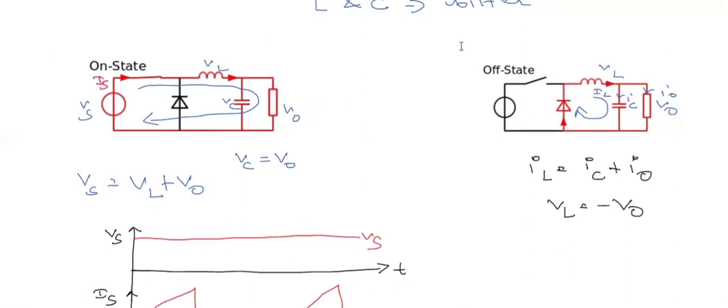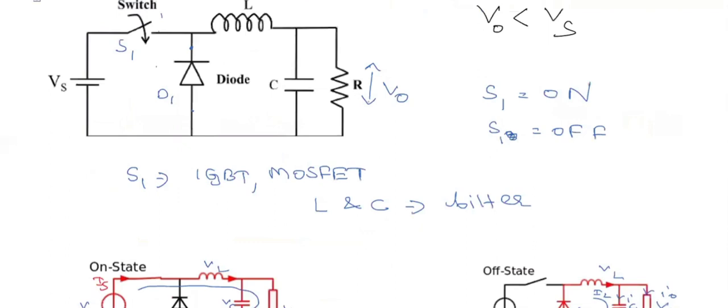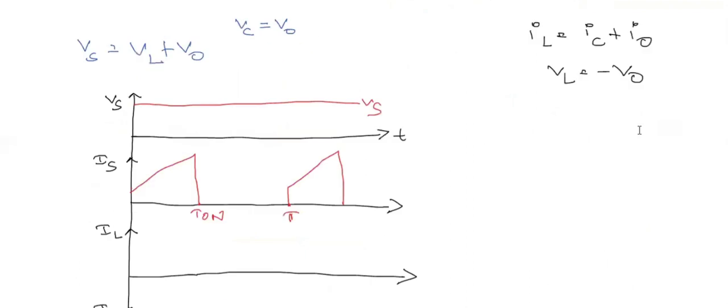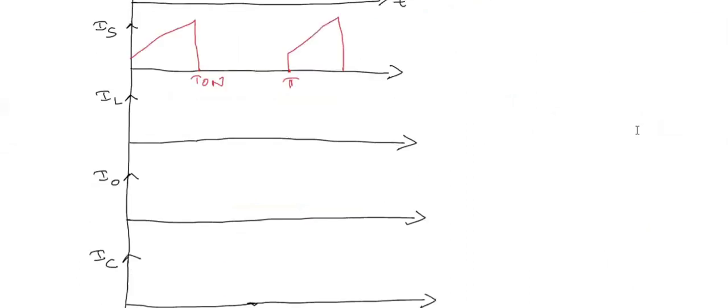Now coming to the inductor current IL. What will be the inductor current IL? You know that the current is flowing through the inductor during the on condition as well as the off condition. In the on condition, the inductor is getting charged, and when the switch is off, the inductor is getting discharged.